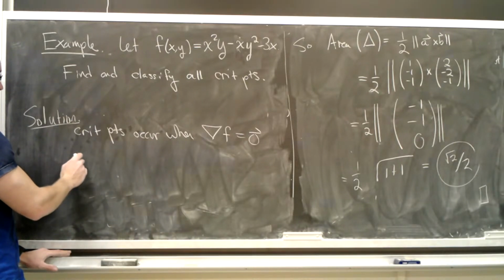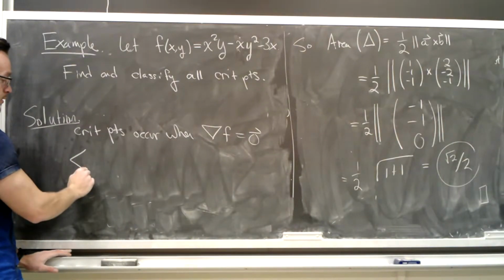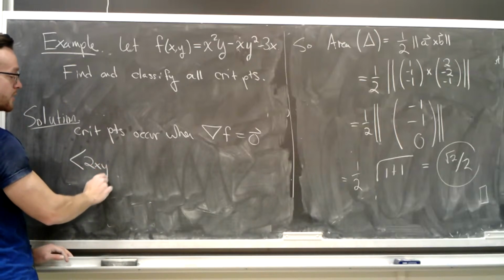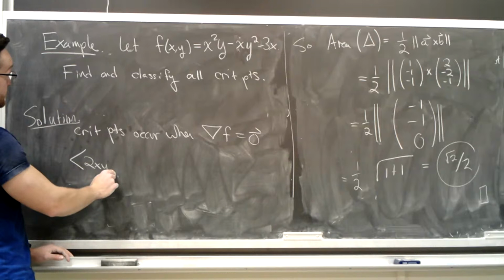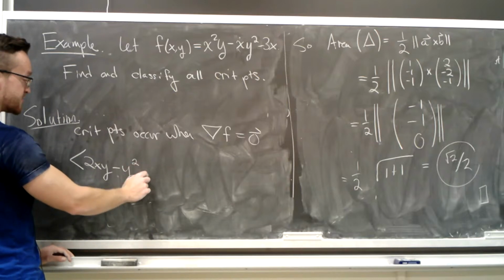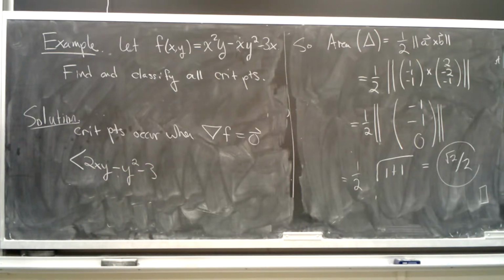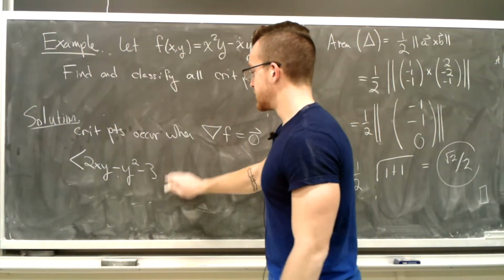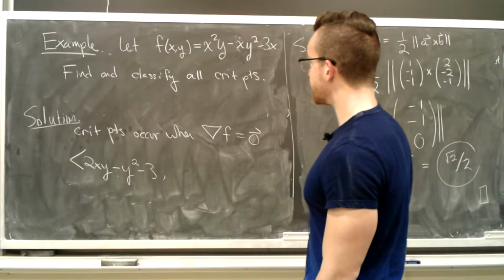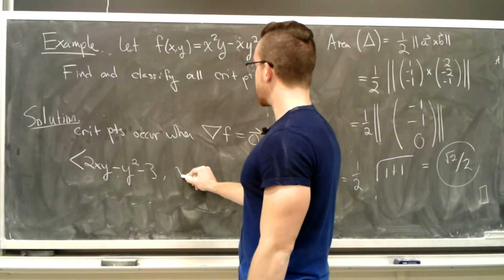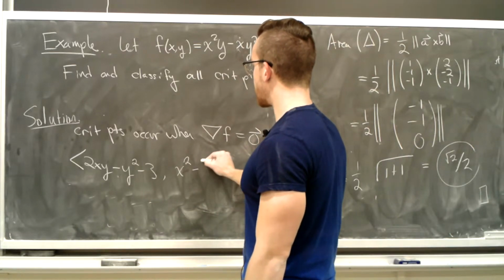So that is to say, the gradient of f here, the x derivative is 2xy minus y squared minus 3. Did I do that right? I think so. And then the y derivative is x squared minus 2xy.